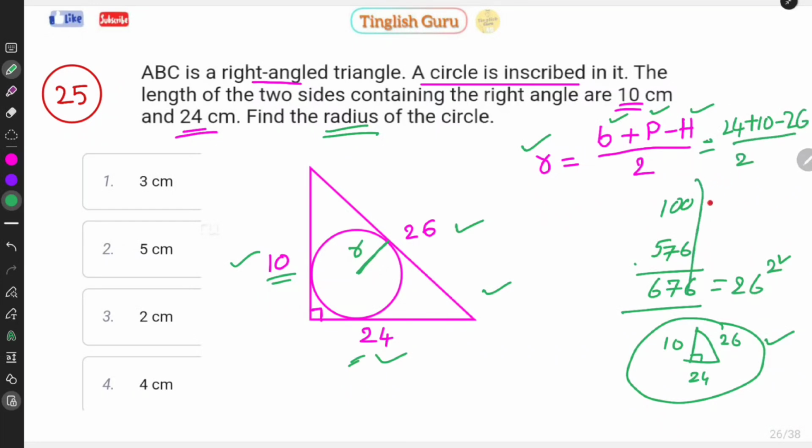That is nothing but 24 plus 10, 34 minus 26, 8 divided by 2, that is equal to 4. So our inradius small r is equal to 4. Option 4. Next.